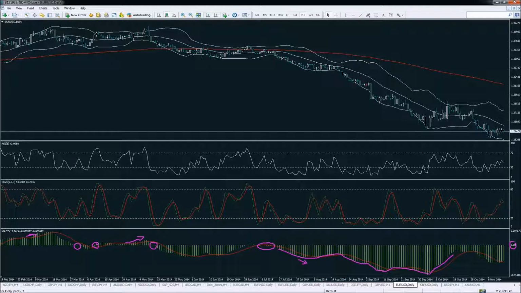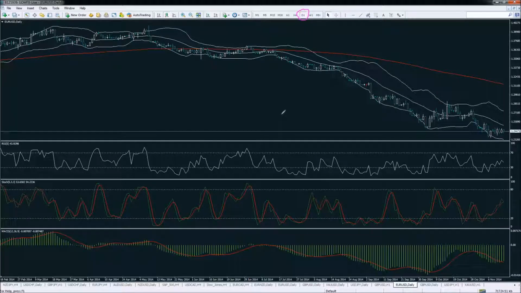Now let's take a look at, as we mentioned, how we're going to use the MACD. Now the first thing that comes to mind is what time frame. As I mentioned, everything is connected on those webinars.